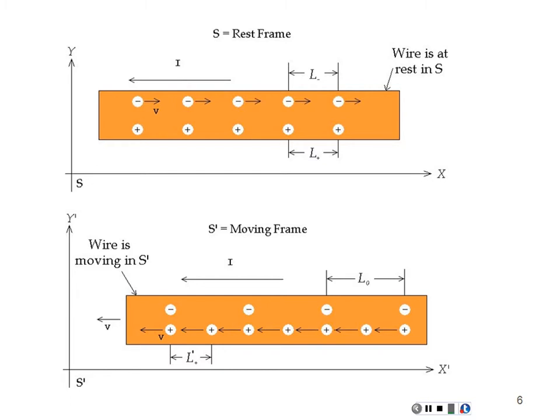If I can transform these charges to a moving frame, they will be at rest in that moving frame, and hence I only have to deal with an electric field. I don't have to calculate a magnetic field. That one electric field deals with the whole situation. Utter brilliance.